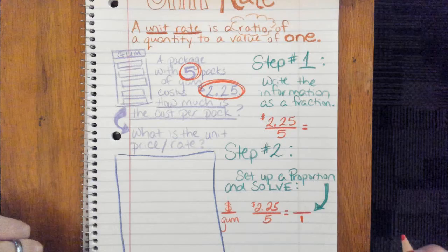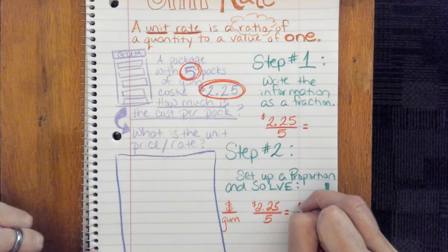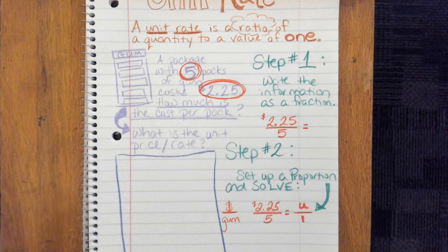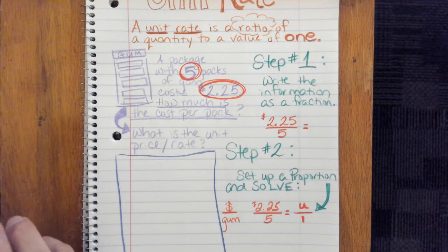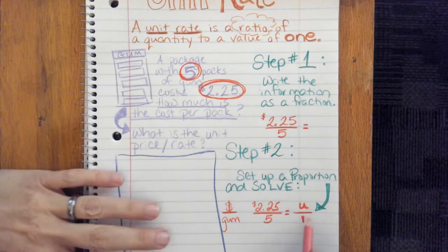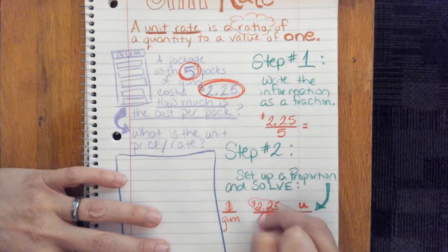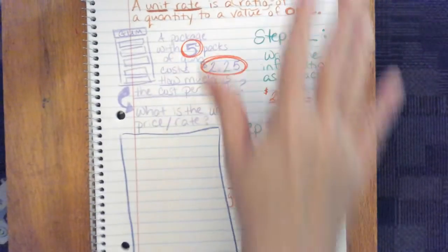And I'm looking for the U, or unit cost, of a pack of gum. And when I solve, I'm going to solve this one using my baseball bat. So I have my bat right here, and then here's my ball. So I multiply the bat.